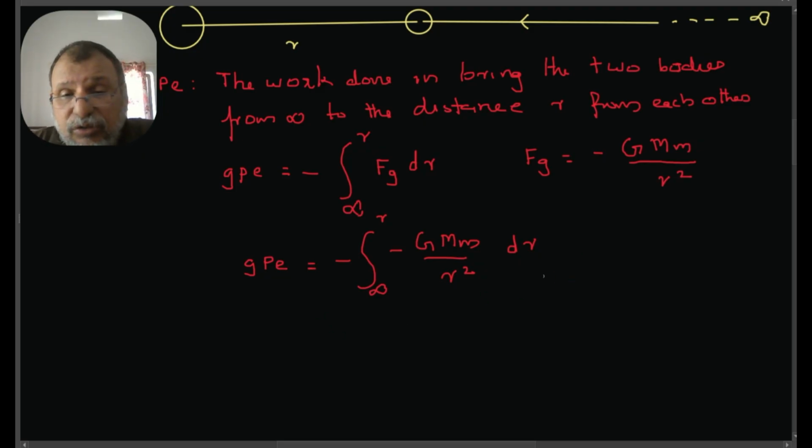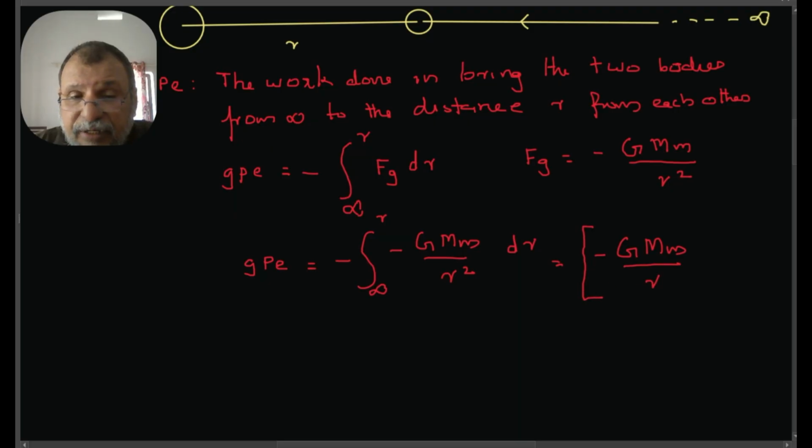So this is equal to negative GMm over r, and we have the limits. The upper limit is r and the lower limit is infinity.